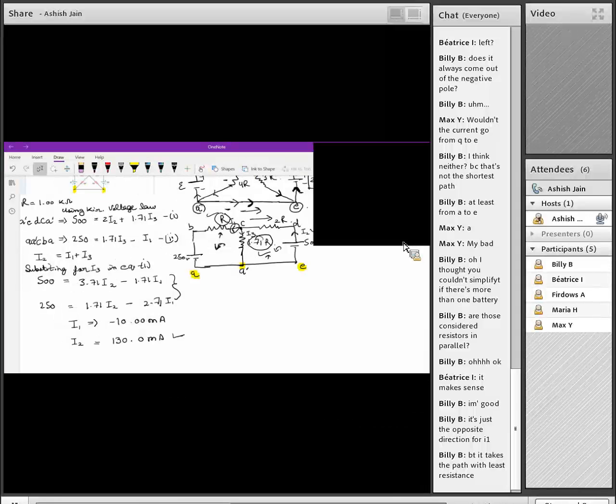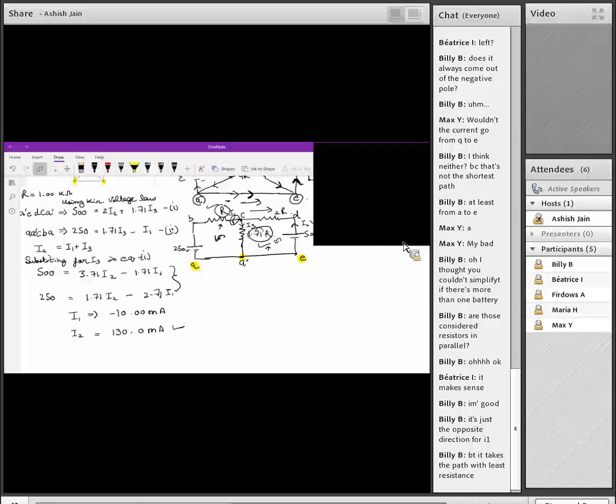Okay, and the direction of I3 is also correct. So I3 is I2 minus I1, that is 130 minus 10, 140 milliampere. But it takes the path of least resistance.